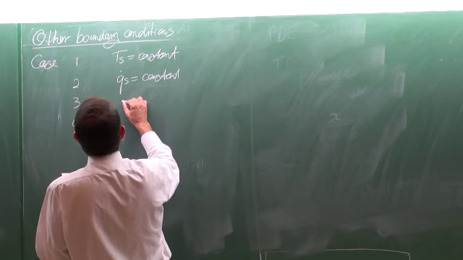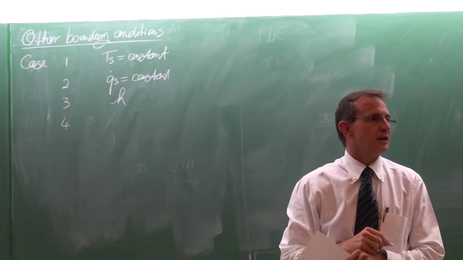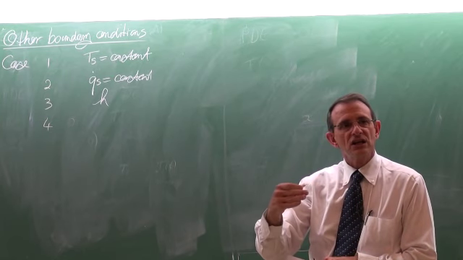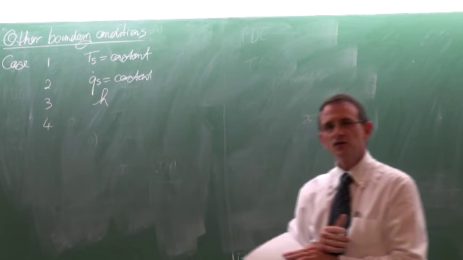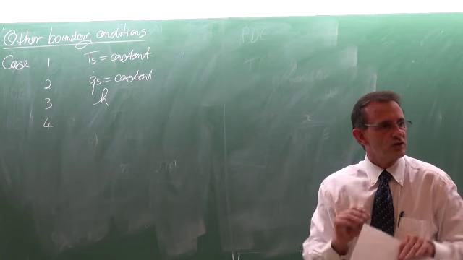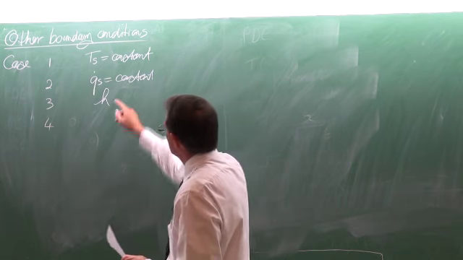The third one is where the heat transfer coefficient on the surface is given. We change the surface temperature and there's a heat transfer coefficient. Maybe a wind blowing over the surface, or there's condensation or evaporation taking place on the surface, and the heat transfer coefficient is given. So that's the third one.